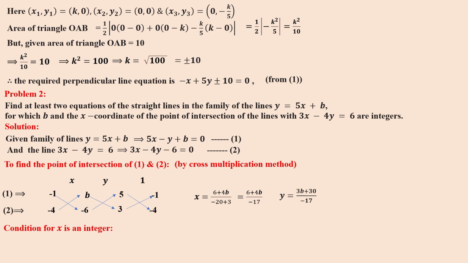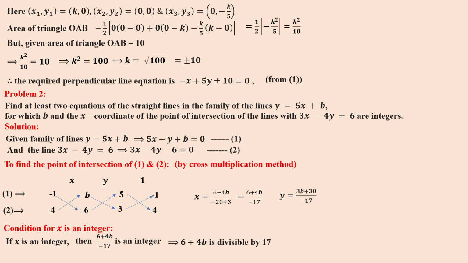So x, which is (6 + 4b) / (-17), is an integer. That means 6 + 4b must be divisible by 17. Only if it is exactly divisible by 17 will it become an integer.